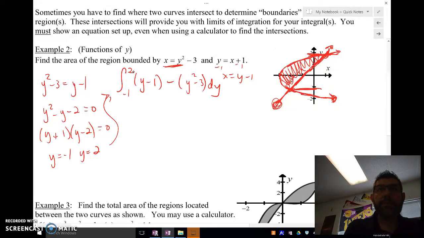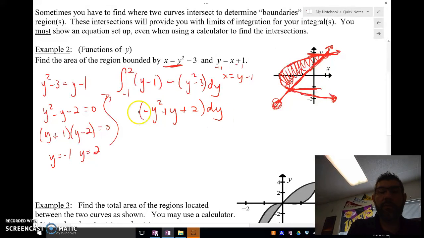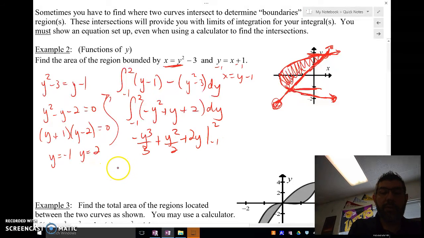All right, I'm going to simplify this guy out. So I'm going to end up with negative y squared plus y plus 2 dy, evaluated from negative 1 to 2. So that's going to give me negative y cubed over 3 plus y squared over 2 plus 2y evaluated from negative 1 to 2. Then I'm going to plug my values in.